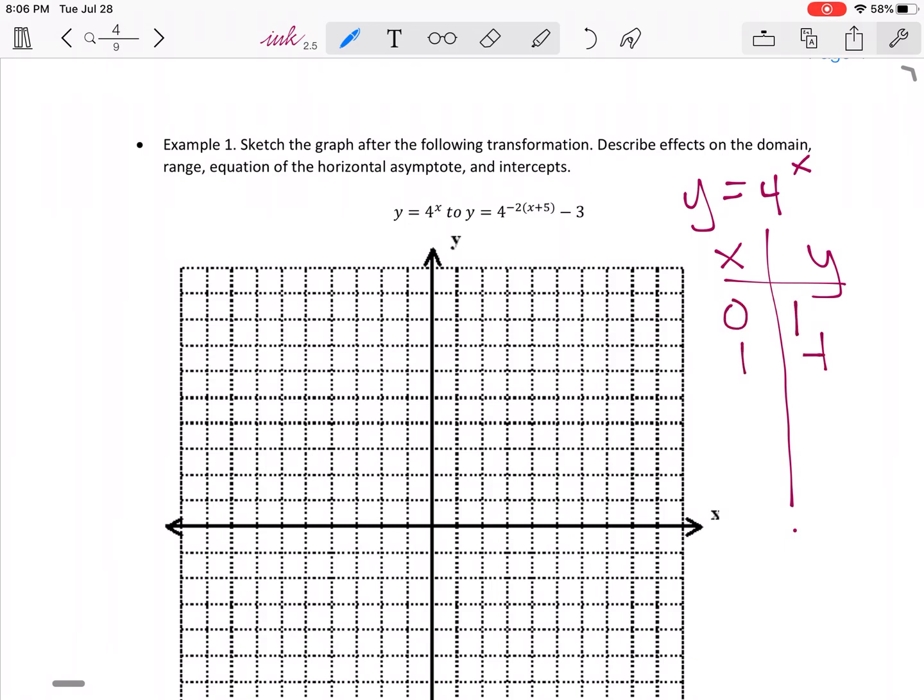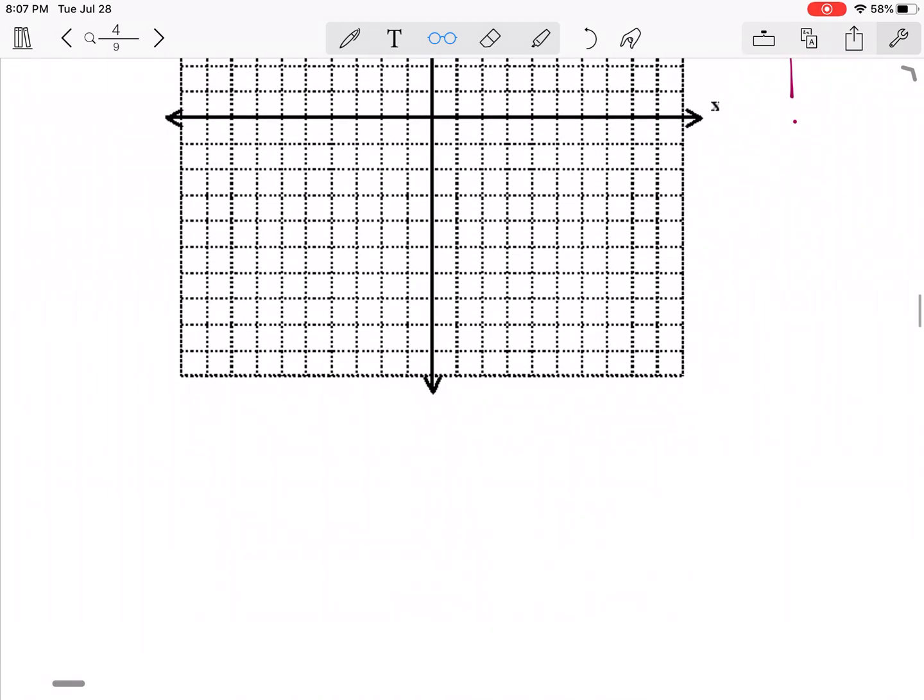For 1, it's 4. And for 2, it's going to be 4 squared, which is 16. So let's take those coordinates and now graph the transformed equation. I'll write out the coordinates: 0, 1, 1, 4, and 2, 16.